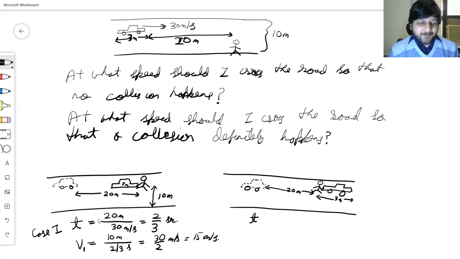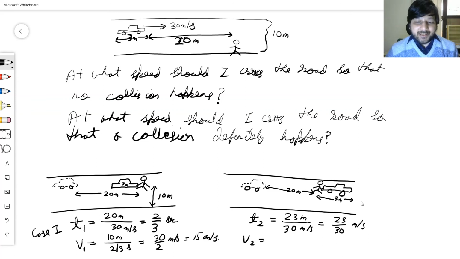So the time will be given by distance upon speed. So this turns out to be 23 by 30 seconds.